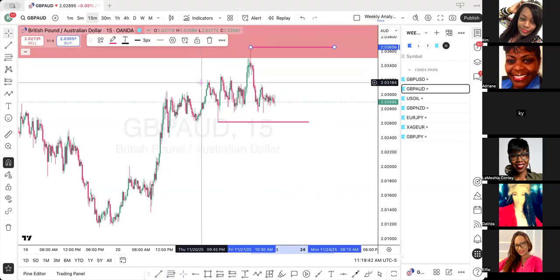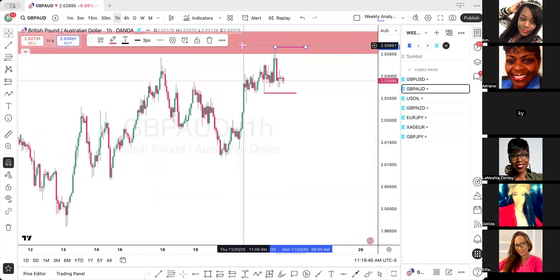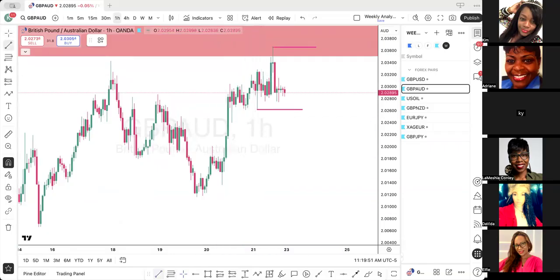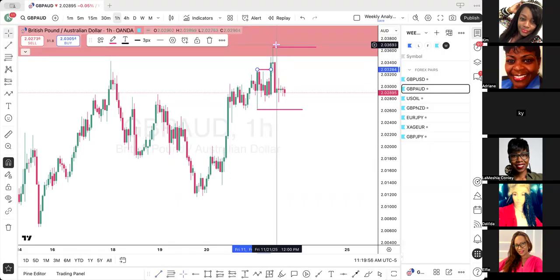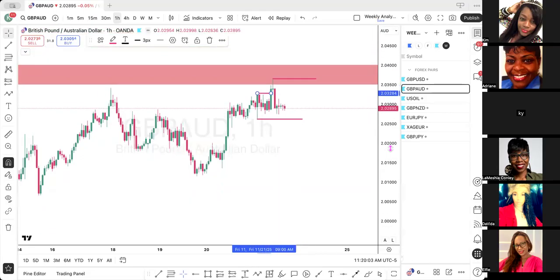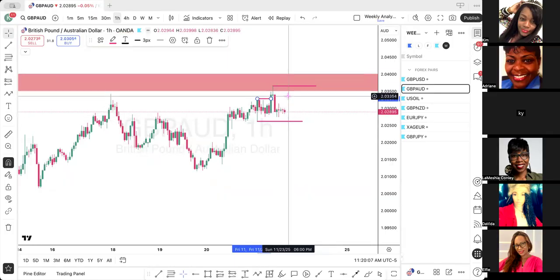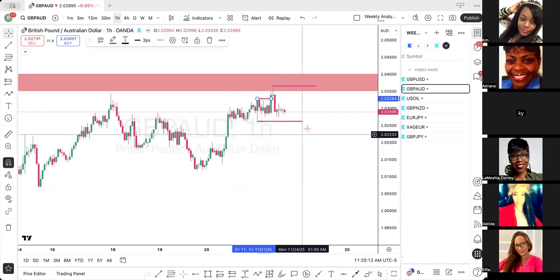And as you can see, this has been consolidating for a while. Yep, so this was the break of structure here. It tapped into the zone, but until it shifts structure, it's still bullish. But once it breaks, if it breaks the low, then you'll start looking for your sells.